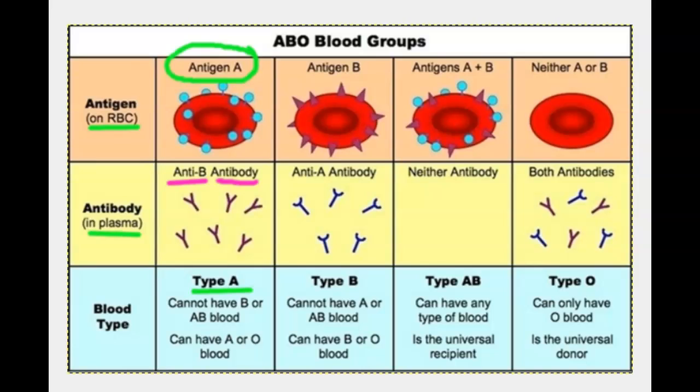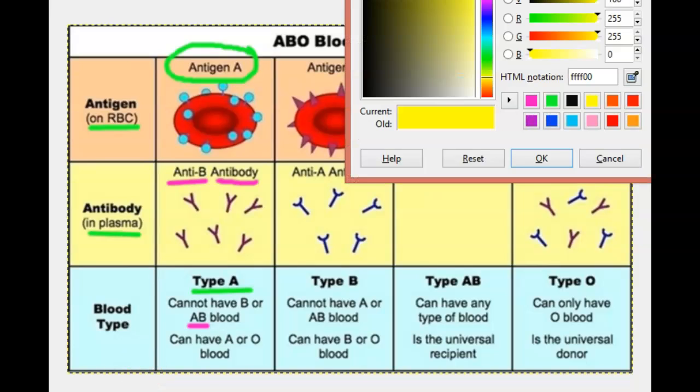So that means if they get any blood that has a B of any type, like B, BB, BO, or even AB, these antibodies are going to seek out that blood, and it's going to coagulate the blood, and the person could die. So what kind of blood can they have? They can have A or O.